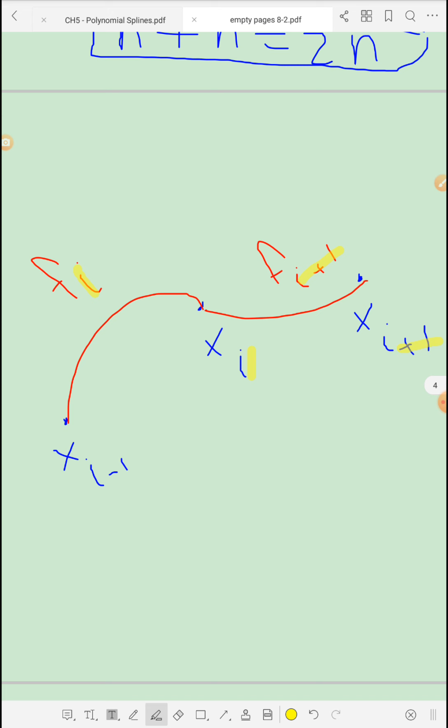So what are additional conditions that we might generate? The additional conditions that we might generate are related to the continuity condition at all of the interior nodes.